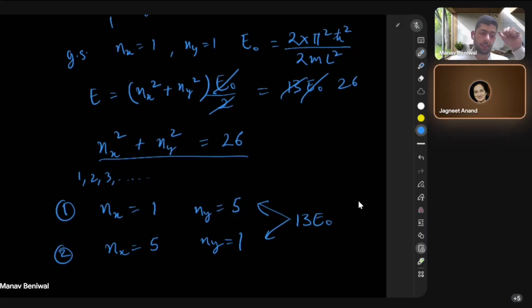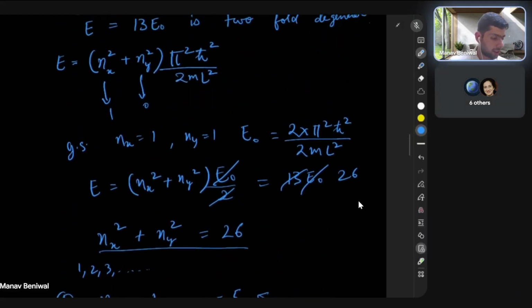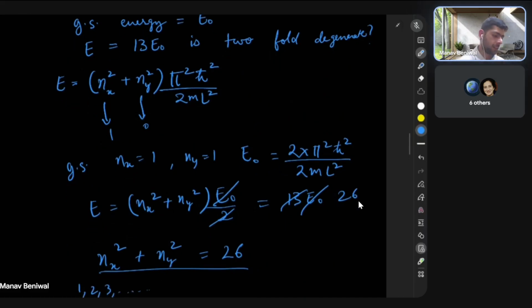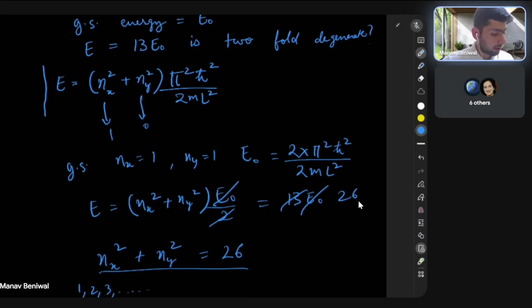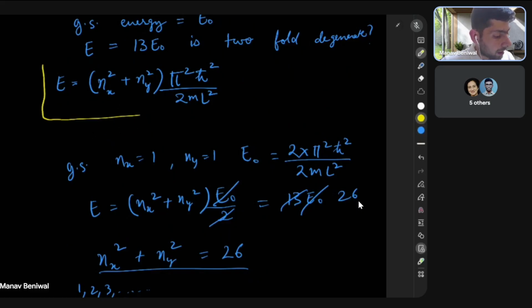Can you just elaborate why it is E naught by 2? I think I missed that. Okay, up till here it's fine, right?